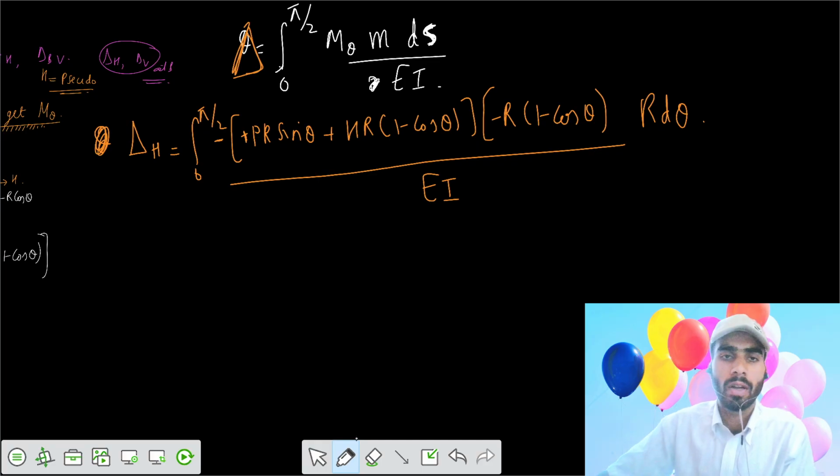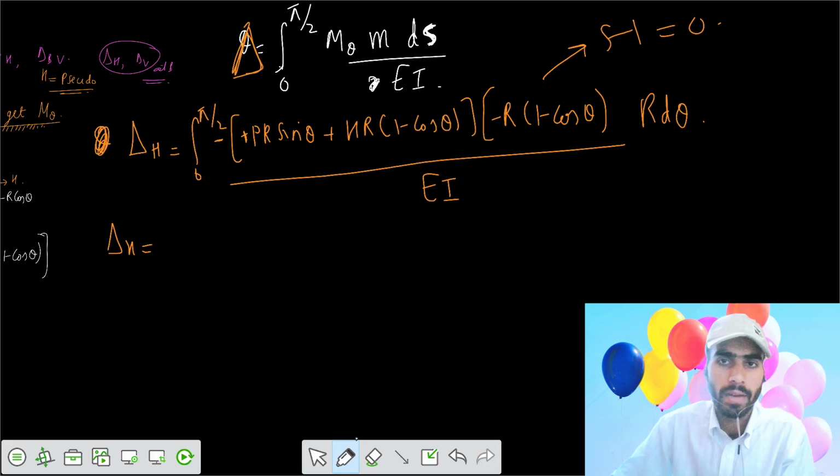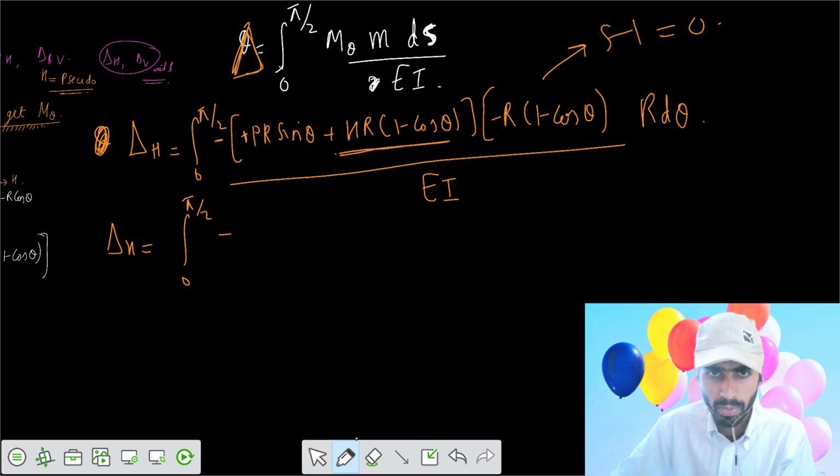Now for the horizontal, there was no load acting in the horizontal direction, so we set H equals 0. If you set the value of H equals 0, you get the integral from 0 to pi by 2 of minus, this one becomes 0, so finally you are left with minus times minus, it becomes plus, so that's P. R is how much times?